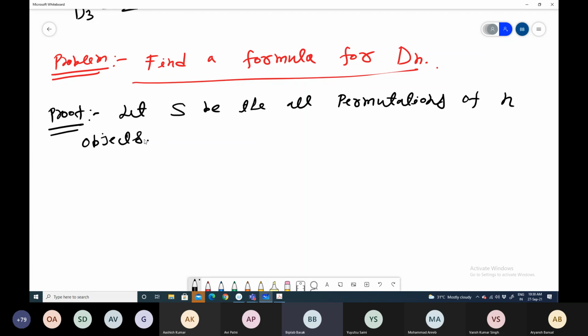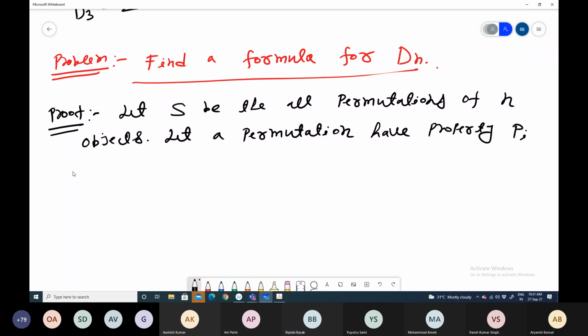We know what the cardinality of S is, but anyway, now let a permutation have property Pi if it fixes element i. Okay, fine. Now, what is Dn?